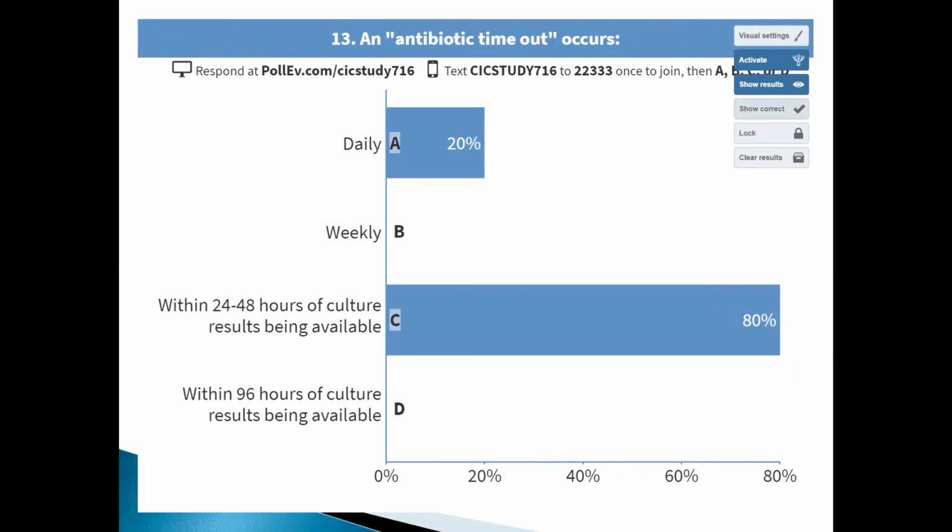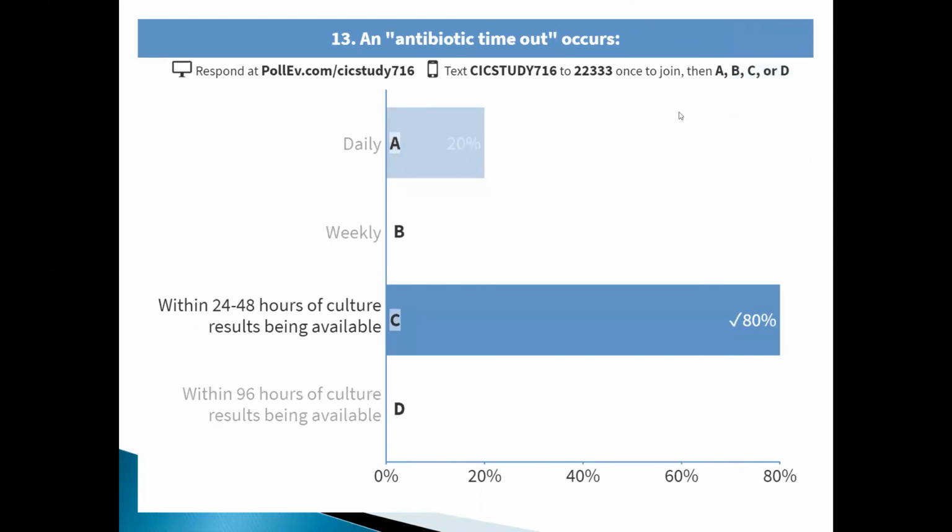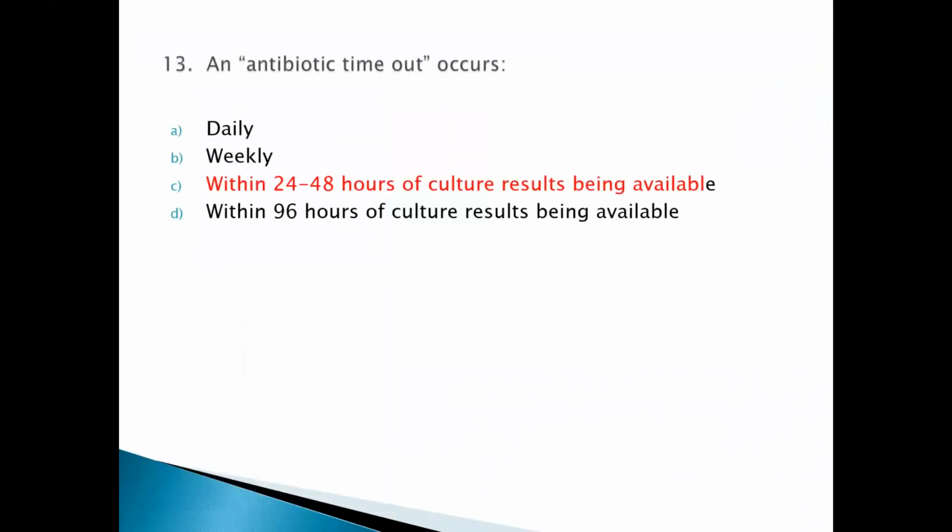Right, we have a draw between daily or within 24 to 48 hours of culture results being available. The correct response is C, within 24 to 48 hours of culture results being available. I wish we could do them daily. That'd be amazing. Gives you a little bit extra cushion with that 24 to 48 hours with your culture results being available.